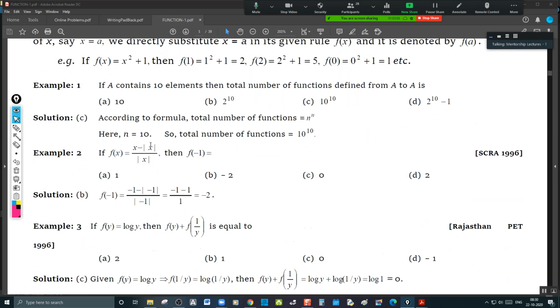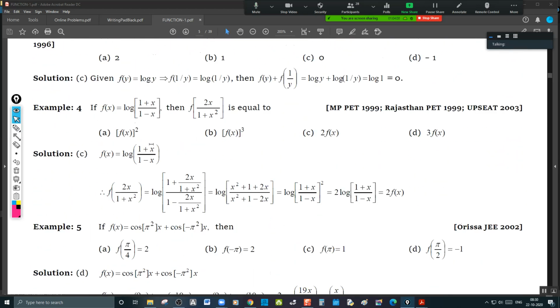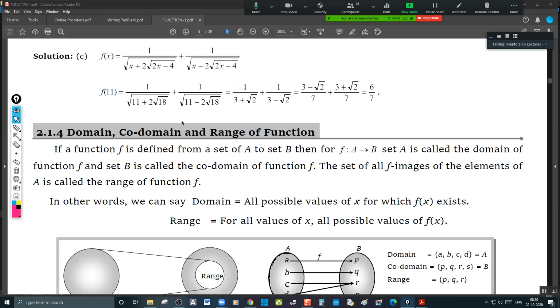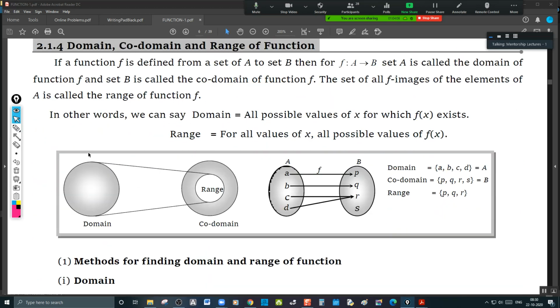So this is about the number of functions, and similarly you have domain and codomain. What is the domain, please? Domain is input and codomain is the universal set of range. Range is a subset of codomain. Range is nothing but the set of those elements that are mapped here, that are associated here.